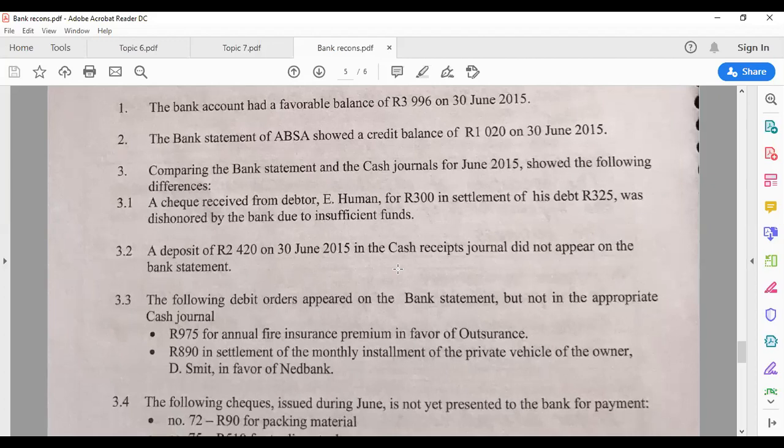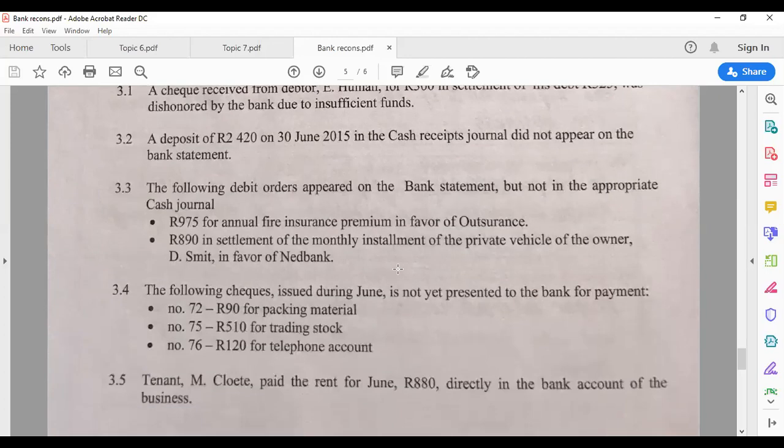The following debit order appeared on the bank statement but not in the appropriate cash journal. So here the bank has already taken it into account. So Absa has already accounted for it, but we have not yet in our records. Remember, our records are the cash journals, right?